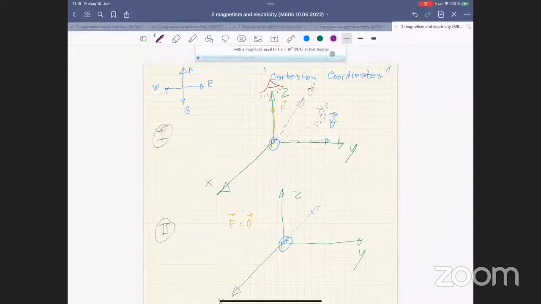And if our vector B is pointing in this way, this is another vector B. If you rotate your V to B, you can still get the F direction.